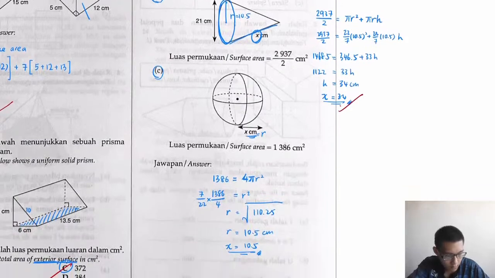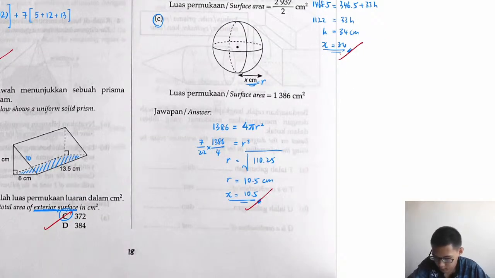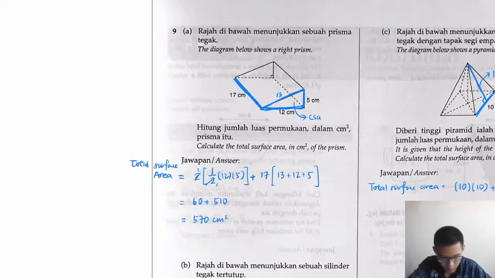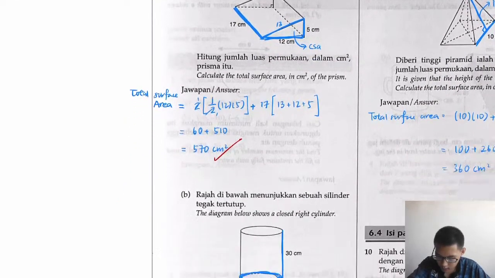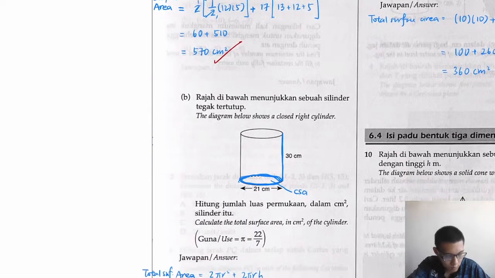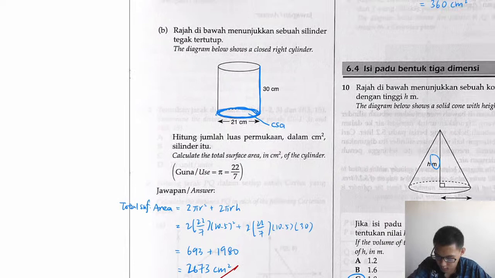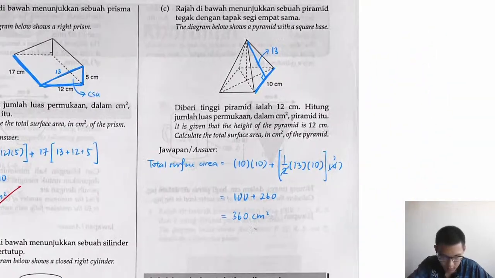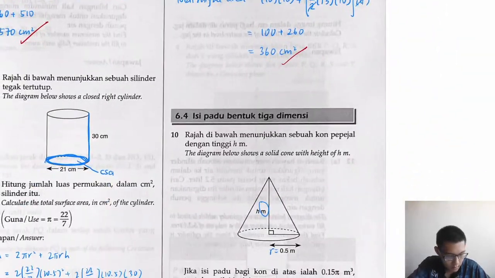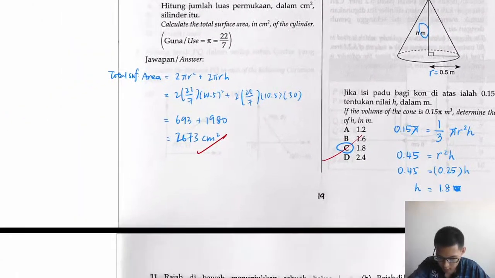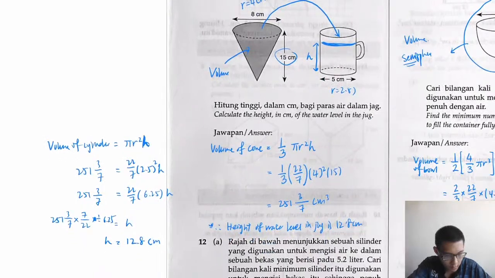Number 10.5 correct. Number 9 is 570 cm square correct. Number B 2673 correct. 360 cm square correct. Now for the volume, C correct. H is 12.8 correct.